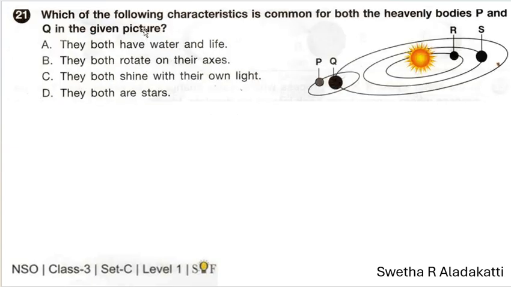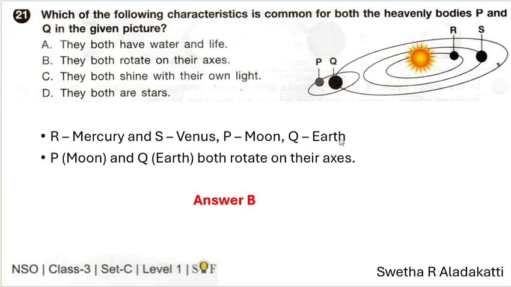21. Which of the following characteristics is common for both heavenly bodies P and Q in the given picture? This one. Let's see the answer. So, Sun first, then R, S, and the third one here is Q. Mercury, Venus, Earth is here, and around the Earth this is the Moon. So they're asking about Earth and Moon.